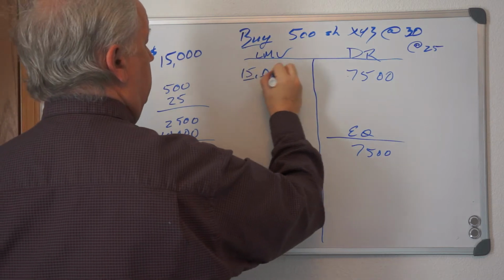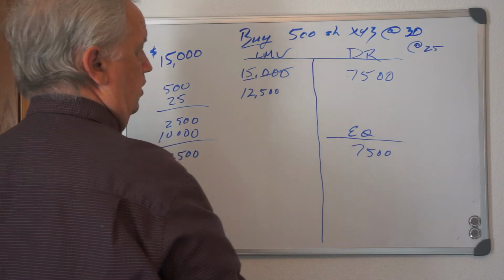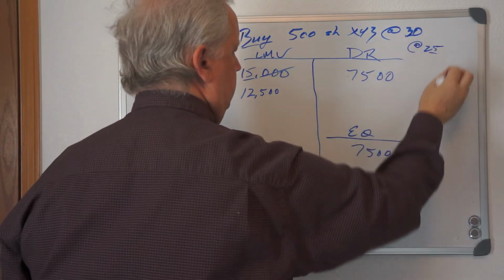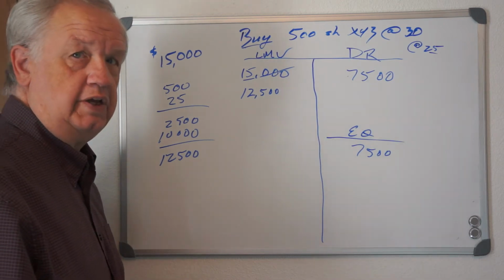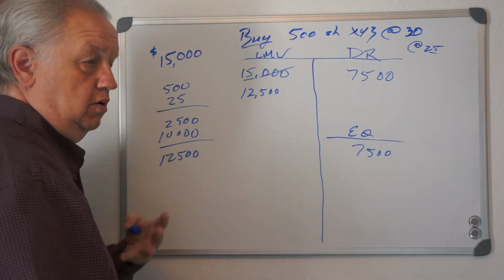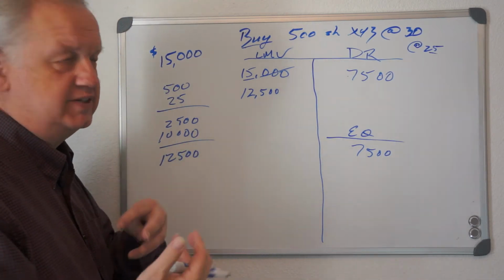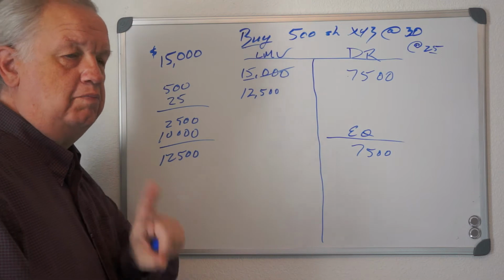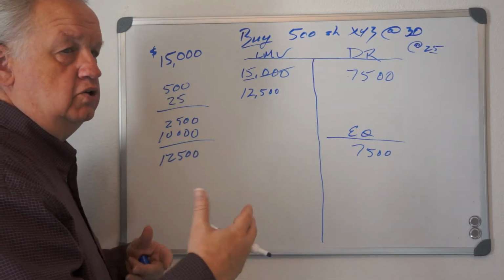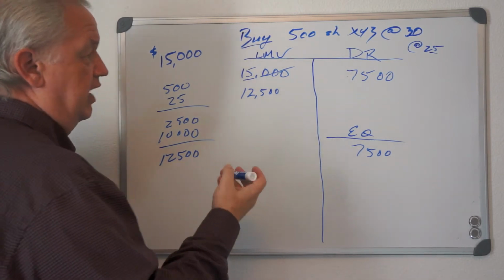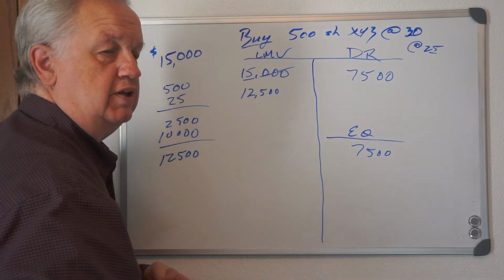Now the market value is 12,500 at 25. Now we've got to see what the equity is and what the requirement is. Does he need to put up more? In my experience, I know he doesn't have a margin call. But we have to mark it to the market. So we have to do Regulation T all over again to figure out the equity.